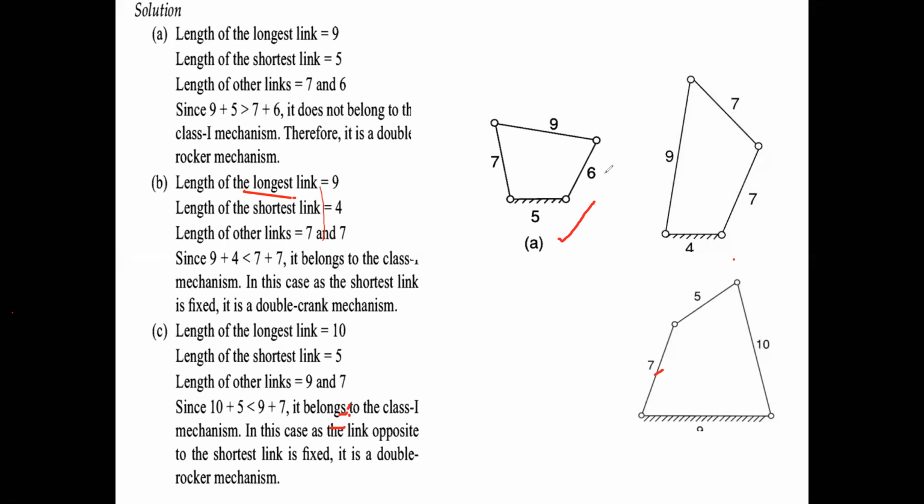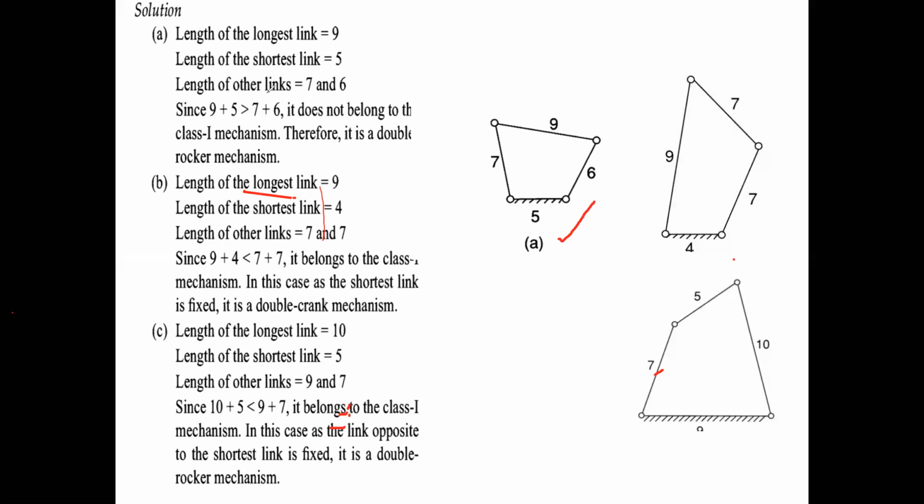Less than the sum of the other two link lengths, 6 plus 7. You have to write it here. So 9 plus 5 and 7 plus 6.